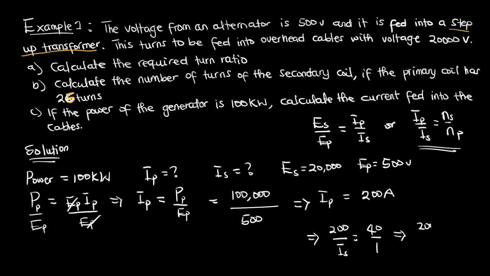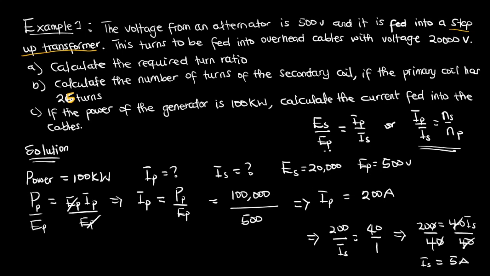So we have 200 is equal to 40 IS. So to find IS, we divide both sides by 40. So our IS will be equal to, this will cancel this, this will also cancel this. So 20 divided by 4, that will give us 5. So we have 5 amperes as our answer.